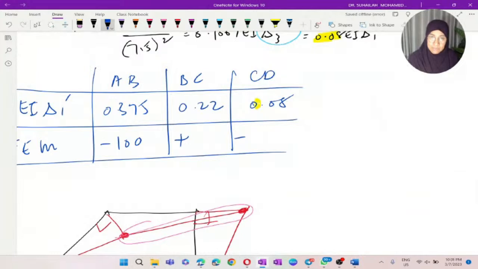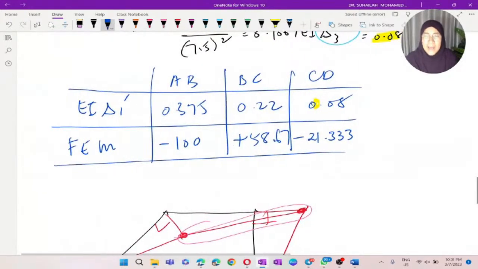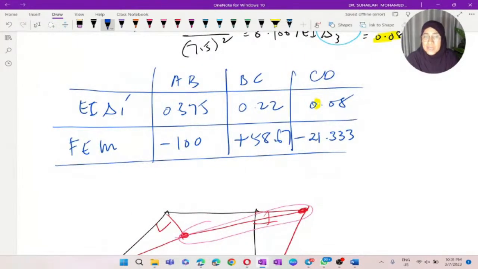It is positive 58.67. And for CD, it is 0.08 divided by 0.375 times 100, so we get 21.333. So this is actually the FEM that we will use in the table.